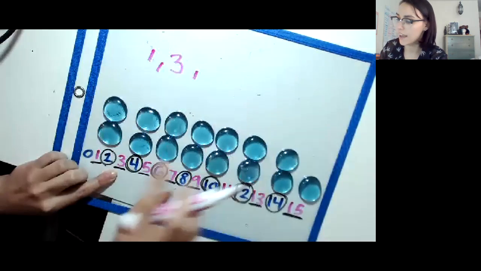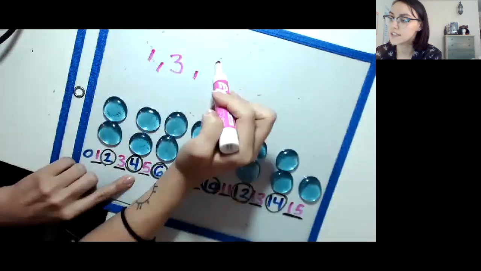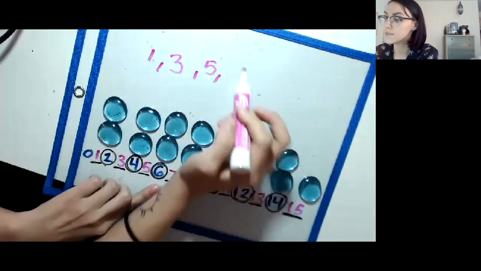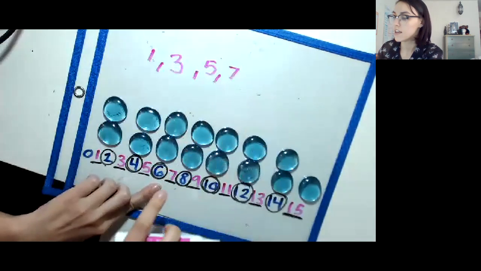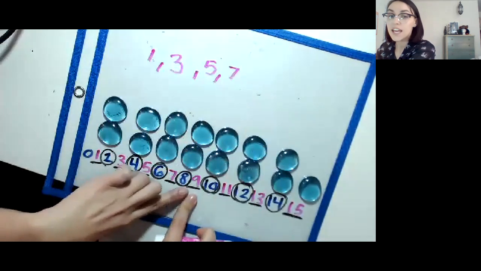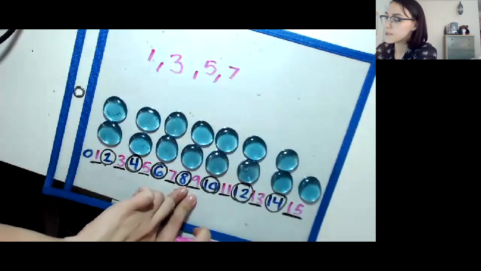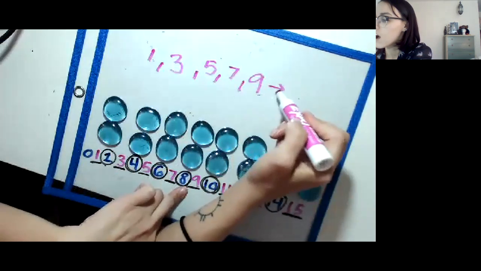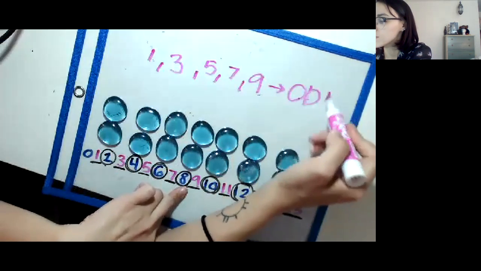We saw that when a 5 is in the ones place, it's odd. And when a 7 is in the ones place, it's odd. And when a 9 is in the ones place, it's odd. All of these were odd numbers.